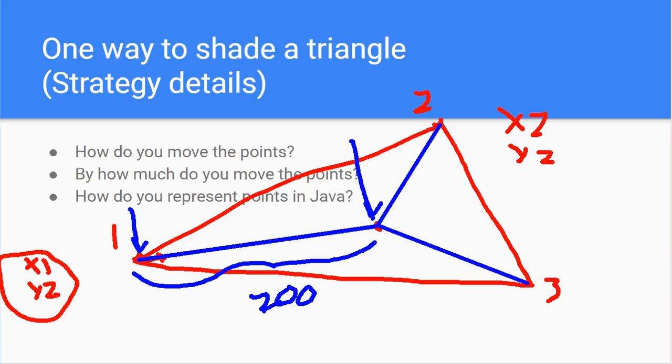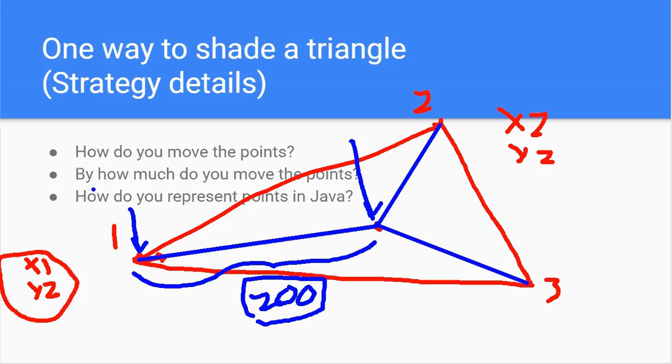In this case, this is telling you you need 200 triangles so that there's no white space in between. So what I would do to figure out how much to move by is, you'll have to find the distance from the centroid to each vertex, then figure out which one's the longest distance, and that's going to be how many triangles you need drawn, and that'll kind of be your loop boundary.